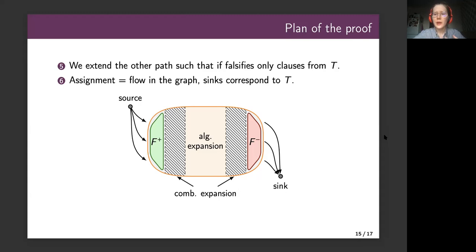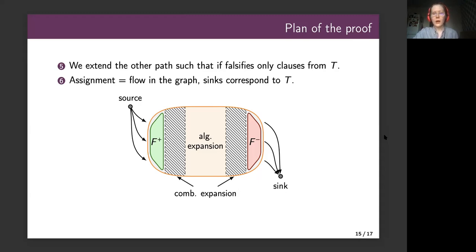So how do I extend the assignment such that it falsifies only clauses from T? From the construction of garland, we already have some strongly satisfied vertices, and now let us notice that every assignment to variables of our formula corresponds to a flow in the graph.